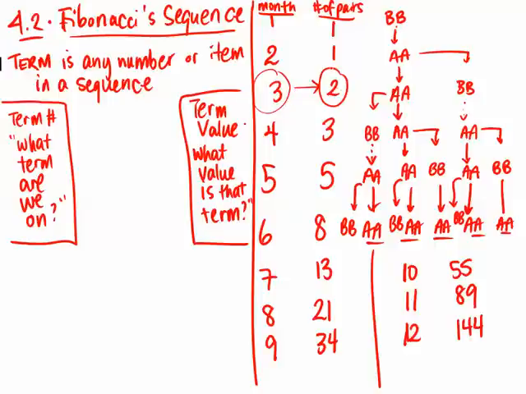What changes is the number of pairs of rabbits in that month, and so that's dependent on the month that I choose. There are 2 pairs of rabbits in the 3rd month. So if we fill this out, all of our term numbers are all of these, the month. So the term number is actually our month. Whereas a term value is the number of pairs of rabbits.